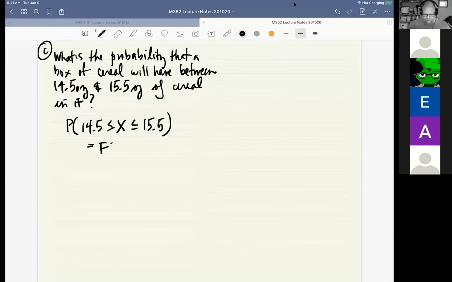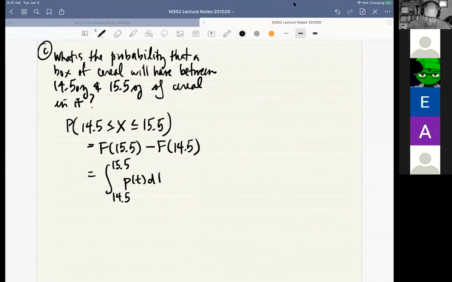We can use the PDF or the CDF, the cumulative distribution function, which by the way, is the integral from 14.5 to 15.5 of our probability density function.